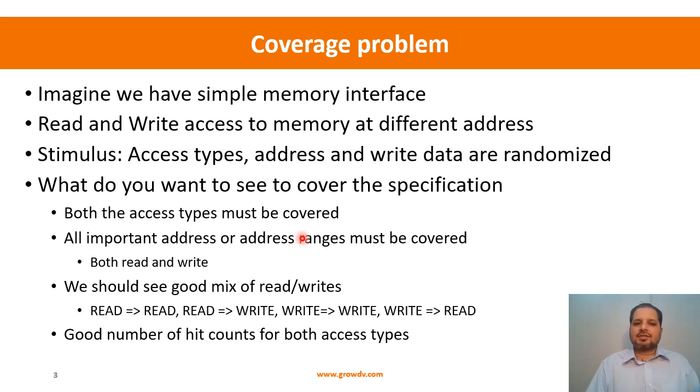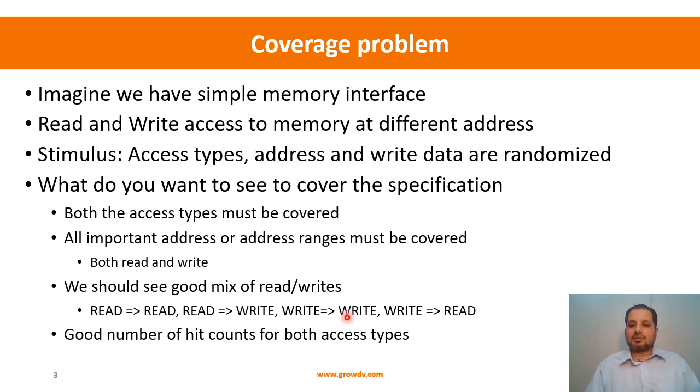So all the ranges are covered, and then if we are dividing them up into ranges, we need to make sure that for each range, both read and write have taken place. And then we would like to see a good mix of reads and writes. What I mean by that is, for example, I had back-to-back reads and then back-to-back writes.